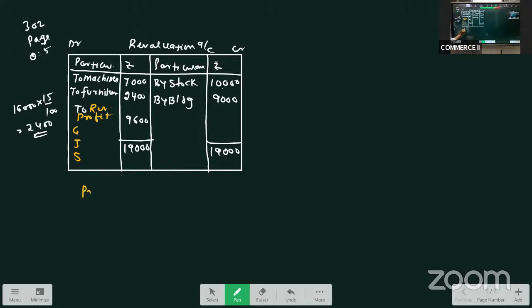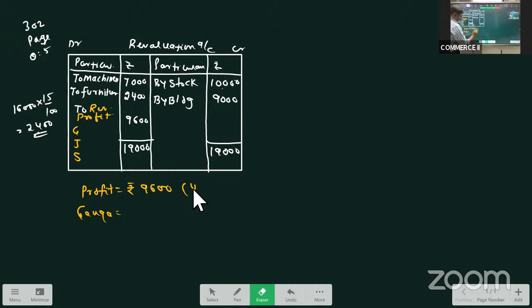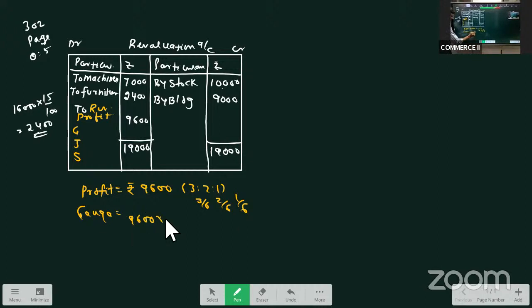So what is the profit amount? Profit amount is rupees 9,600. It is to be distributed between Ganga, Yamuna, and Saraswati in the ratio 3:2:1. That is 3/6, 2/6, and 1/6. Isn't it? 3:2:1 means 3 plus 2 plus 1, which is 6. So Ganga would get 9,600 into 3/6, that is 4,800.